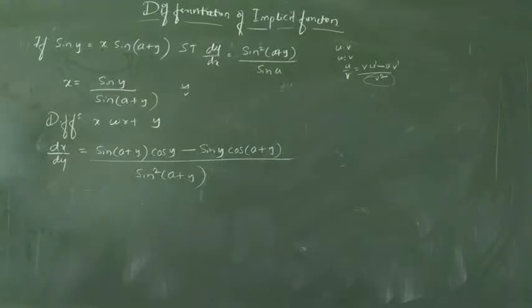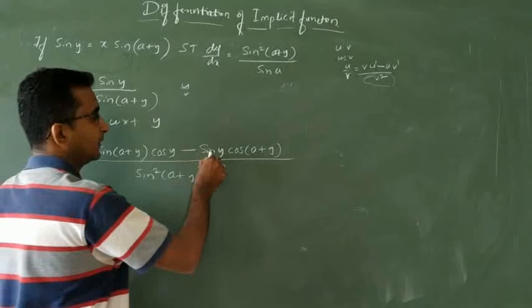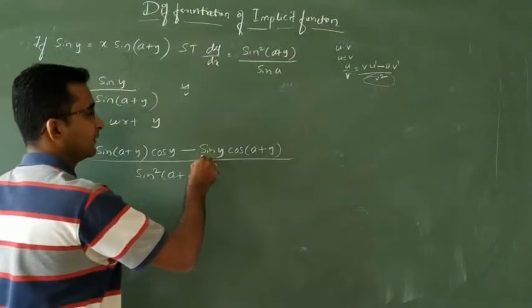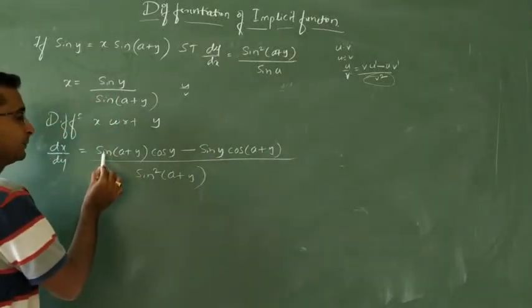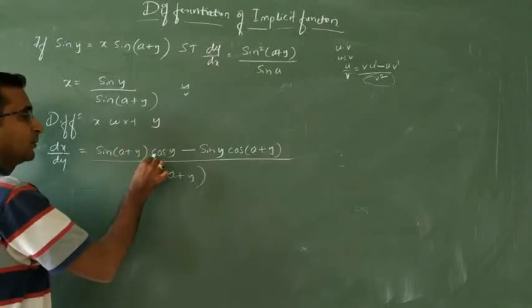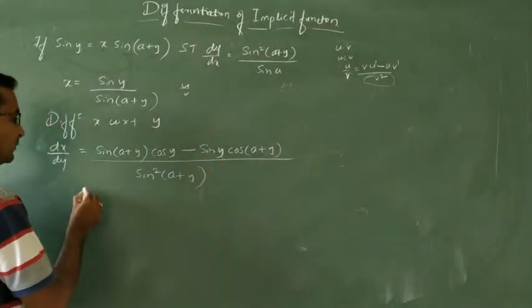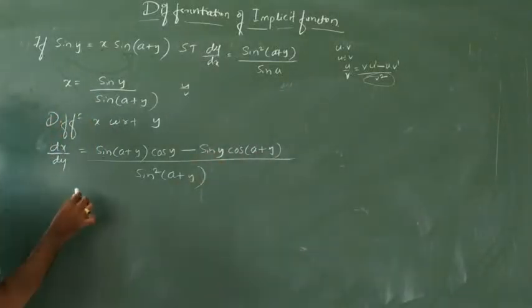Getting? Then now it is in the form of sin a cos y minus cos a sin y. Note it. Again I am going to repeat. Sin a cos y is sin x cos y minus cos x sin y. Then I am going to go to sin of a minus b, or sin of x minus y.